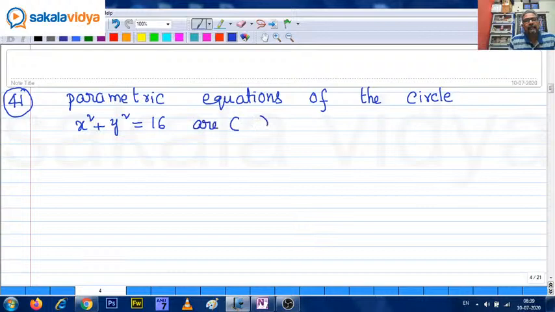Let us complete all the problems first, because we have discussed the parametric equations, but we have not completed the problems on parametric equations. Let us solve them.